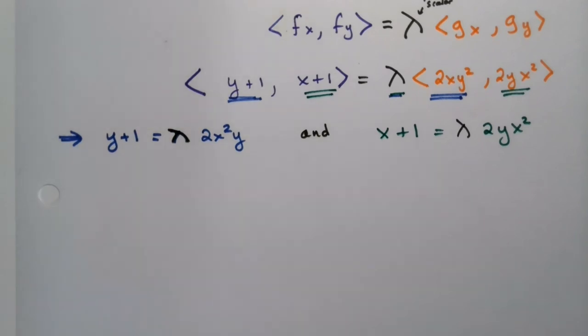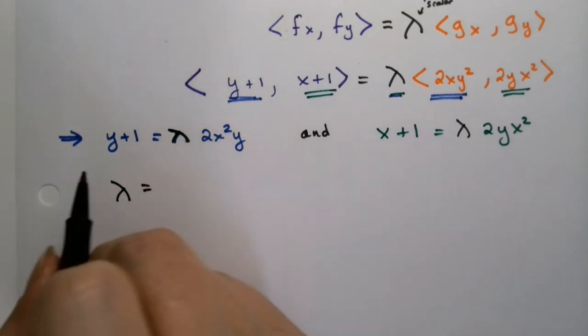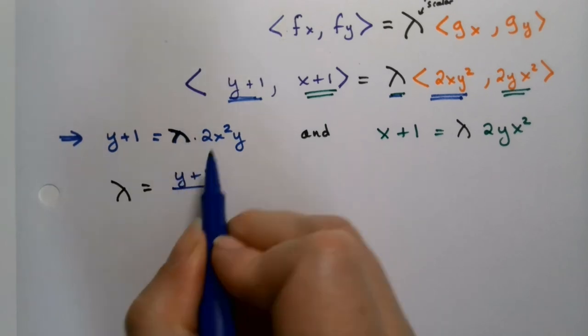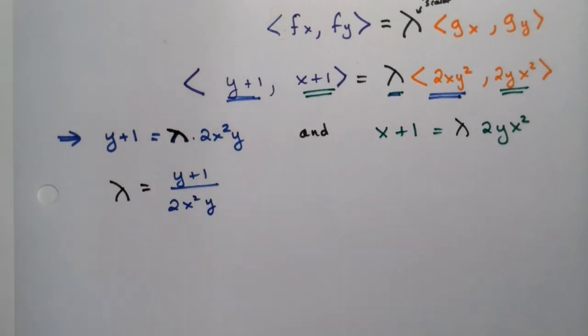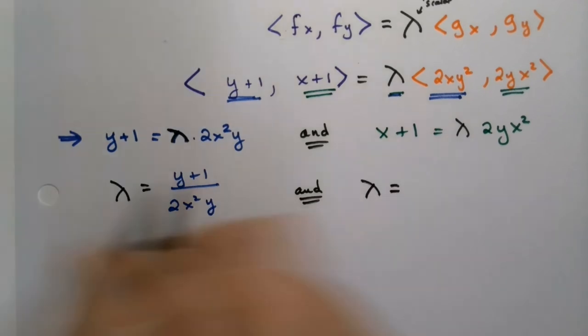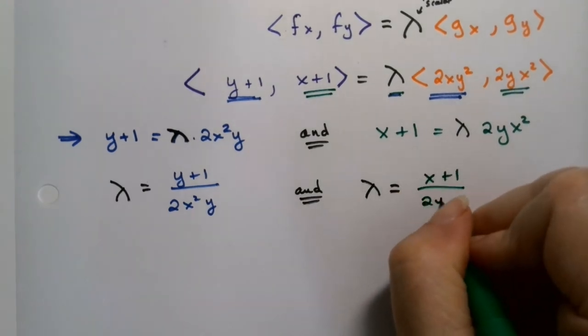Sneaky, huh? So lambda over here is equal to y plus 1 divided, because that's multiplication right there, divided by 2x squared y. And at the same time, lambda is equal to x plus 1 over 2yx squared.